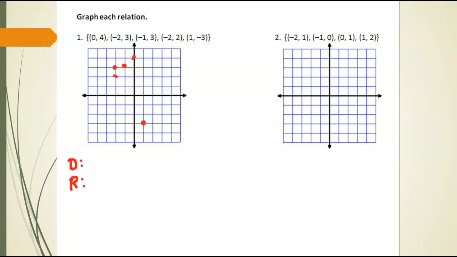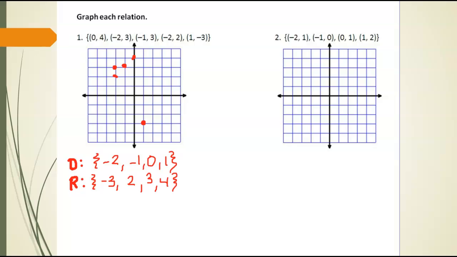So your domain is -2, -1, 0, 1. Remember, a domain is a set, just like the relation, so it gets brackets. A range is a set of points as well. It's -3, 2, 3, and 4.